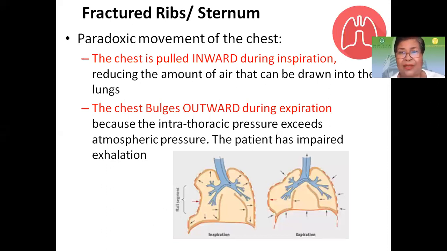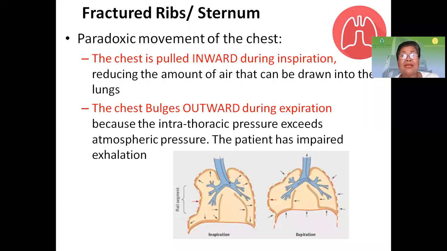It is pulled inward. It affects the amount of air which will enter the lungs. During exhalation, it bellows outward. It affects exhalation. So, that is called paradoxical movement of the chest. So, this is an NCLEX question. Okay? So, pag nakita nyo paradoxical movement of the chest, that's characteristic of fractured rib.